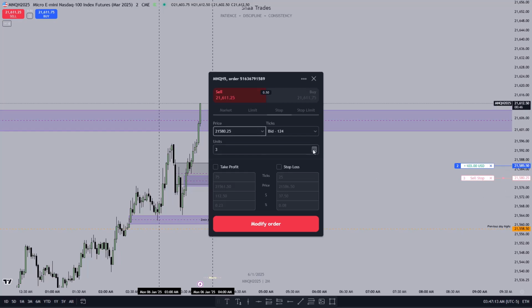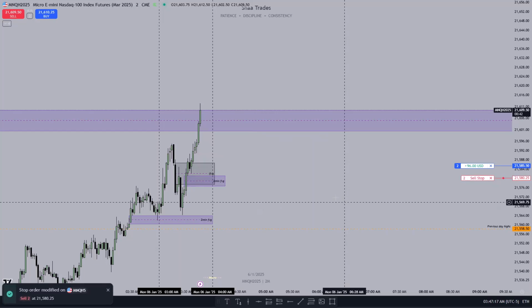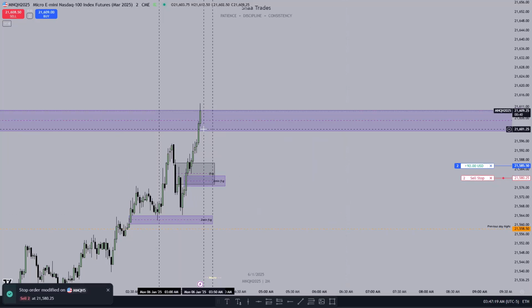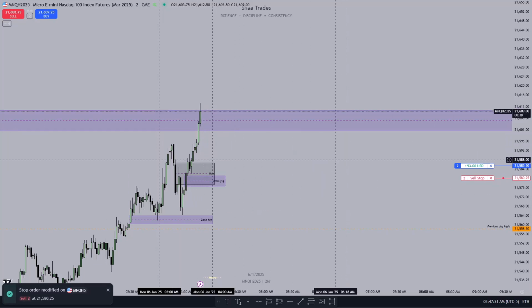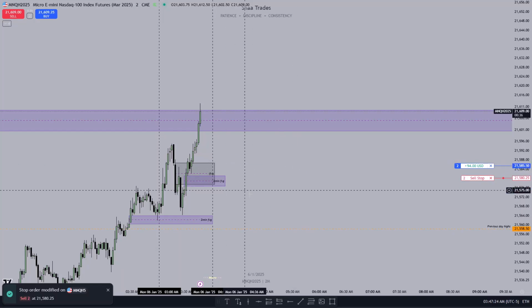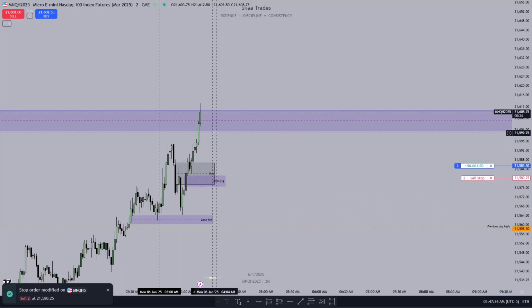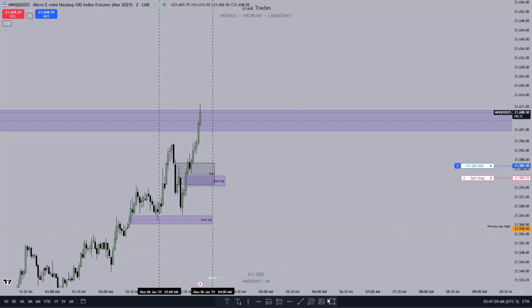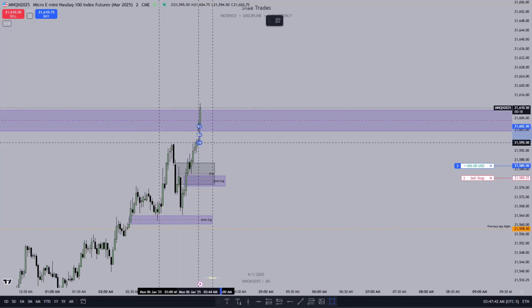Modify this. Oh, we're at 2. Okay, so it looks like price is going to go above there. So now I'm not going to move it too fast. This is a 2-minute fair value gap. It's not labeled, but this is a 2-minute fair value gap, and we're already closing above half there.